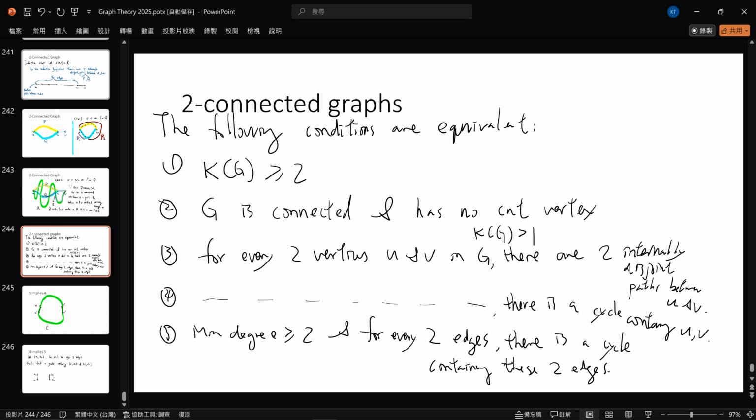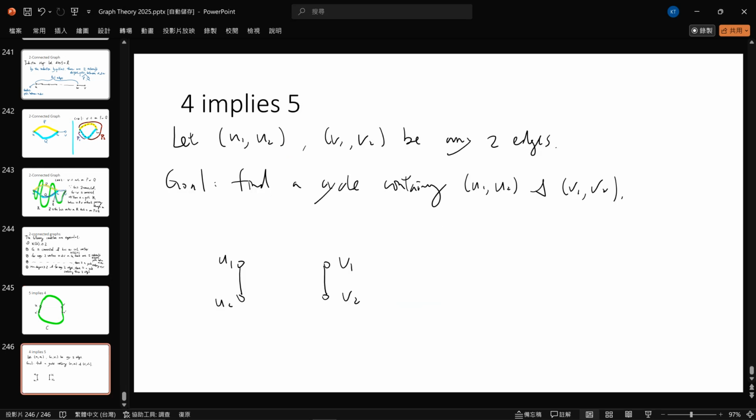But this one is easy because for every two vertices, we can find two internally disjoint paths. So this already implies the minimum degree should be at least 2. So let's focus on the cycle part. I want to find a cycle that passes through these two edges.